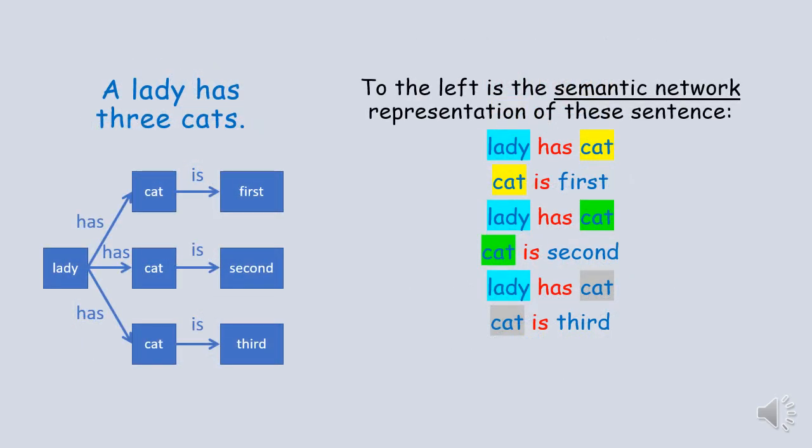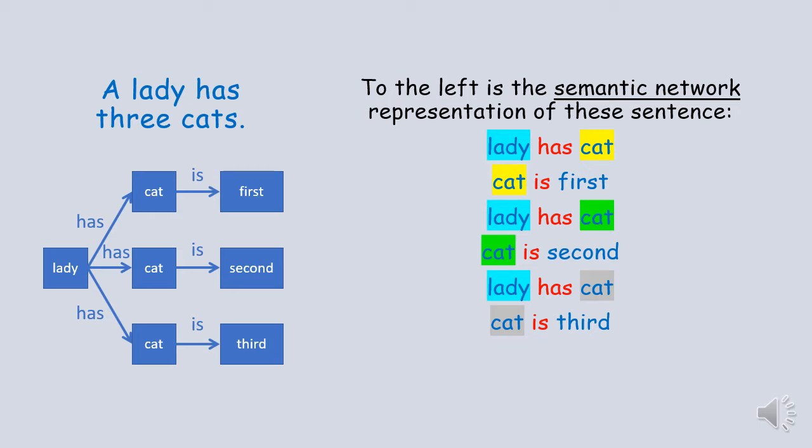To the left is the semantic network representation of a lady has 3 cats. So we've got lady has cat represented by 2 nodes, lady and cat, linked by has. Cat is first, again the 2 nodes cat and first linked by is, and similarly for the further 2 cats.